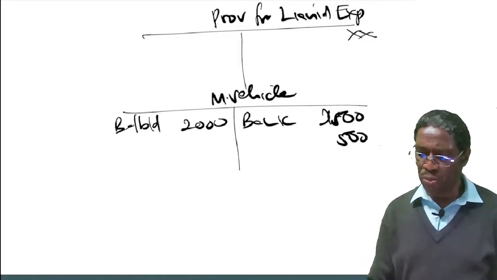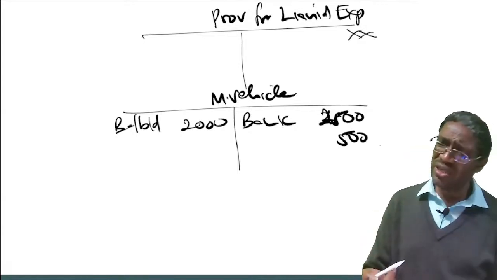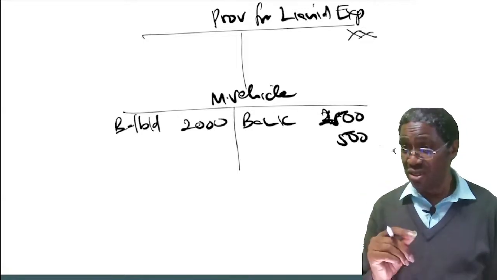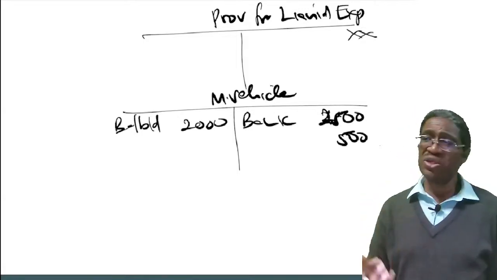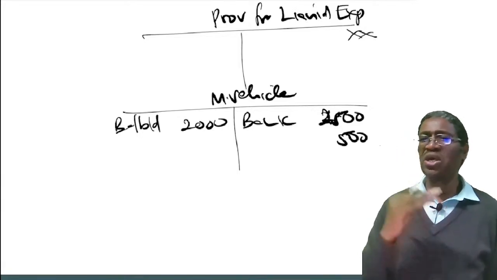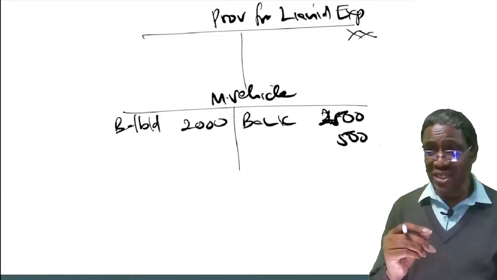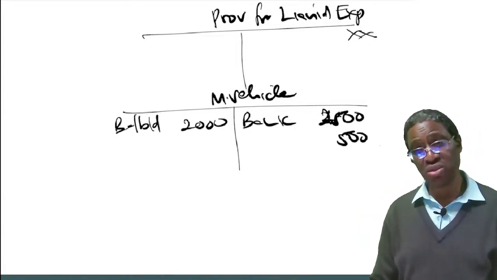If you sold it for 2.5 when it had a book value of 2 million, then you sold it at a gain. But that gain should not go to the P&L, because we are not running a normal business. We are reconstructing the company, and our operating account is the realization account.